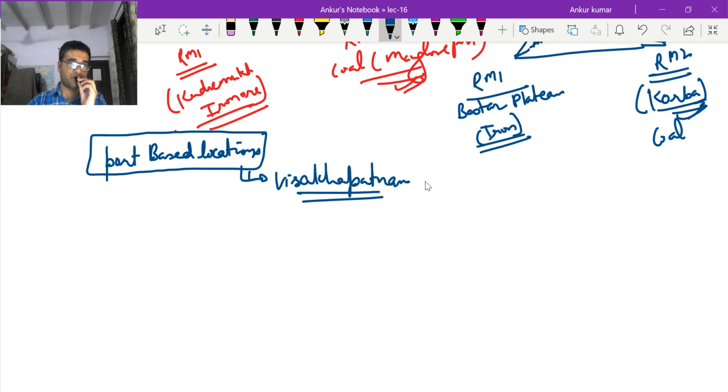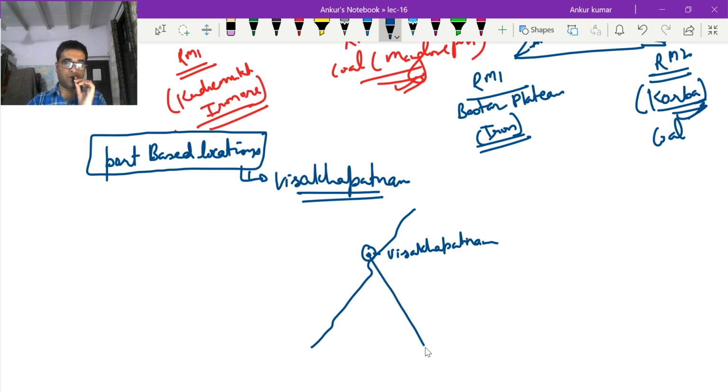For Visakhapatnam steel plant, the market is in Japan, so the steel is exported from here and coal is imported from Australia. So if you see the eastern coastline of India, this is Visakhapatnam.